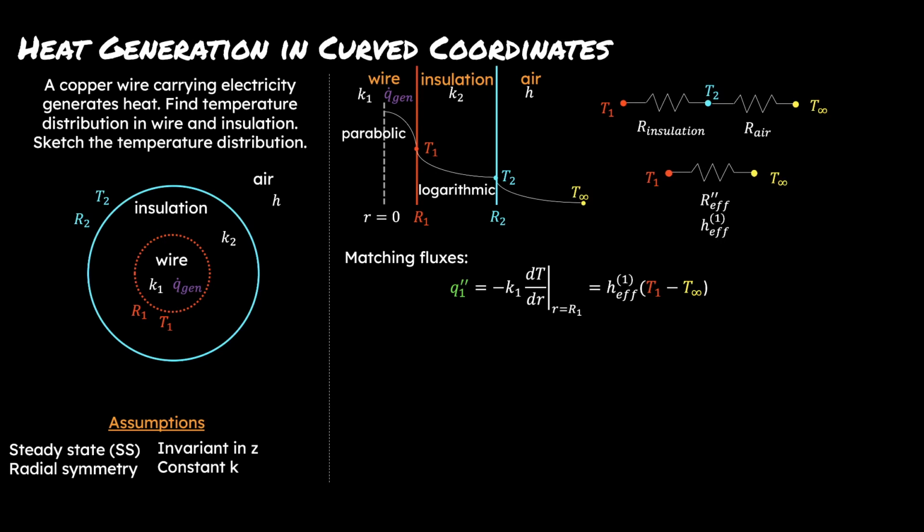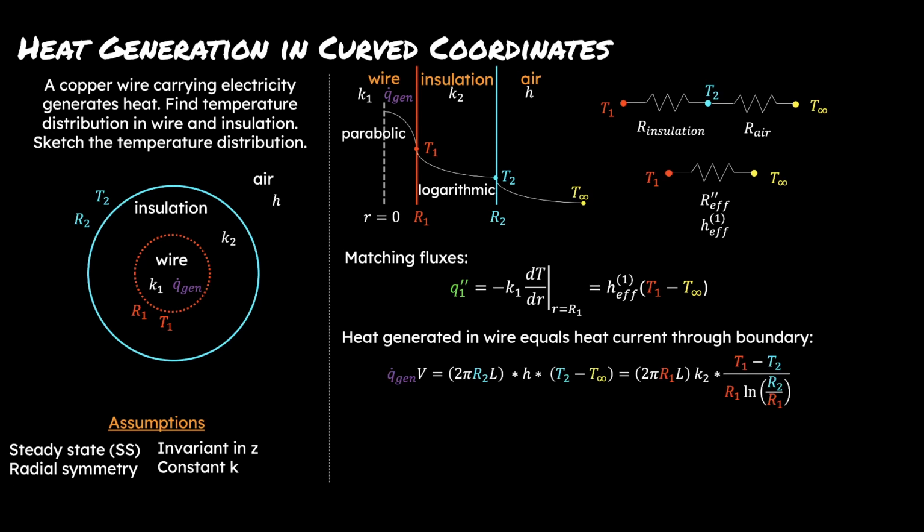So this is taking the gradient of the temperature distribution in the wire itself. We set this equal to the heat transfer through the insulation and air combined as one big resistor. So we have H effective at reference surface 1 times the quantity T1 minus T infinity.